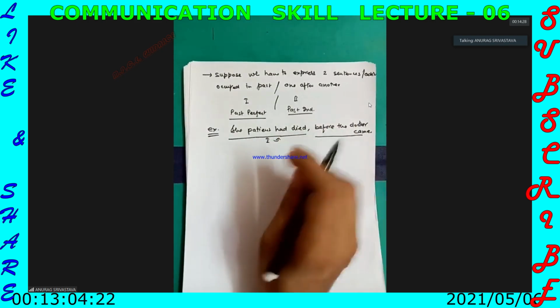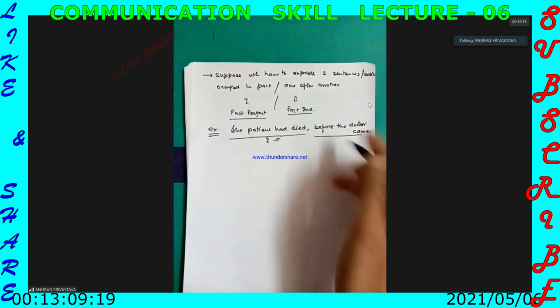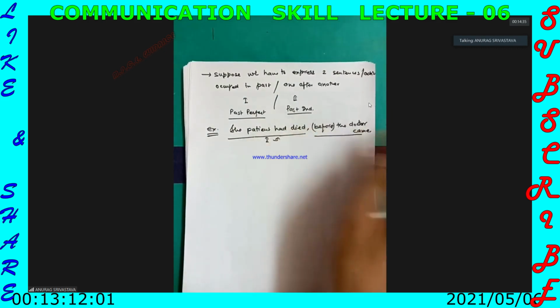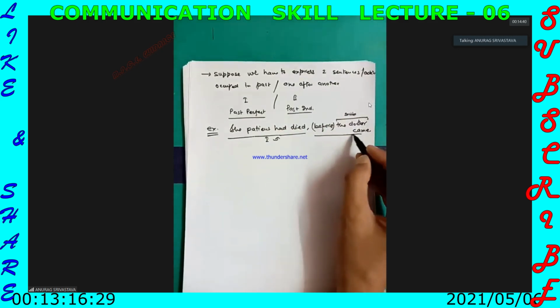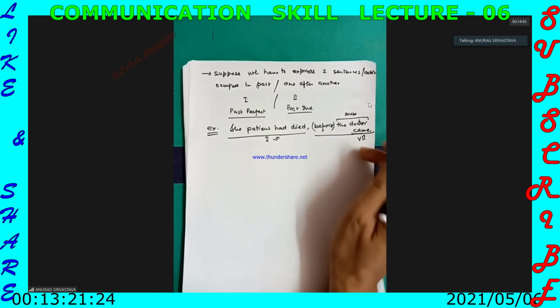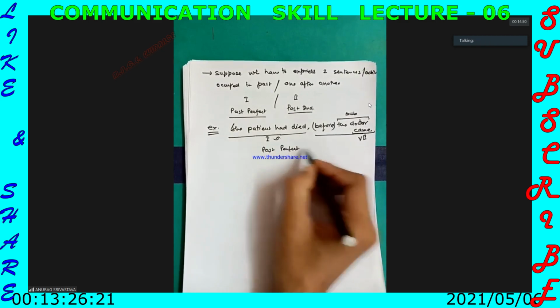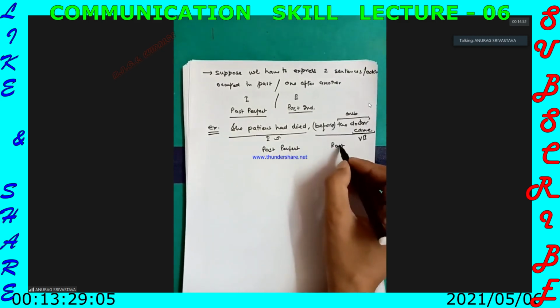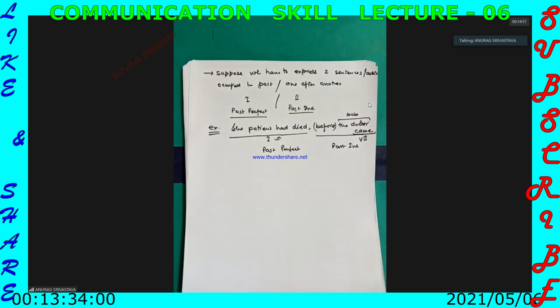Before the doctor came: before is the combining word, the doctor is the subject and came is the second form of the verb. Because we are using the second form of the verb, it is in past indefinite. So when two actions are expressed in the same sentence, it will be written in past perfect and then past indefinite tense.